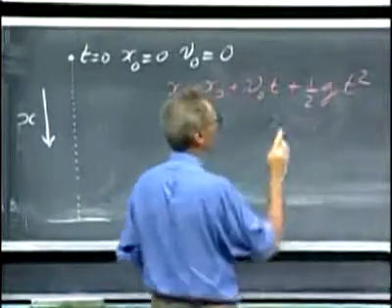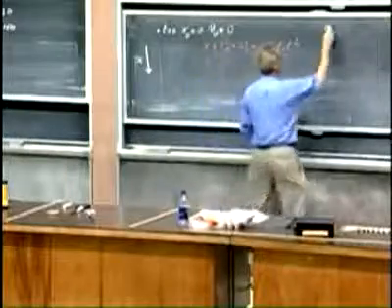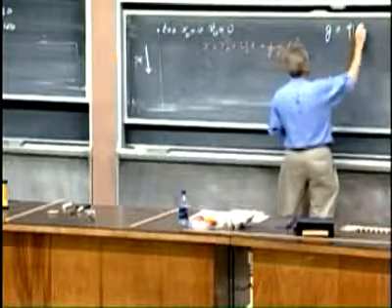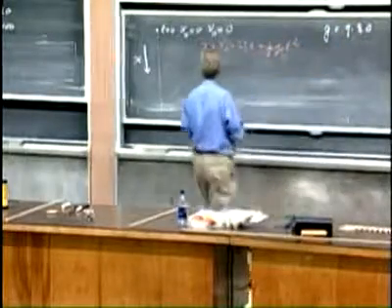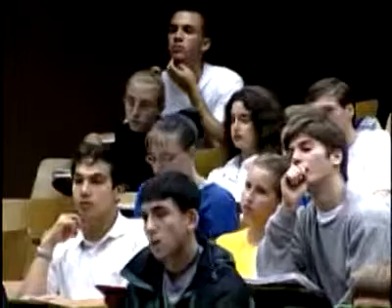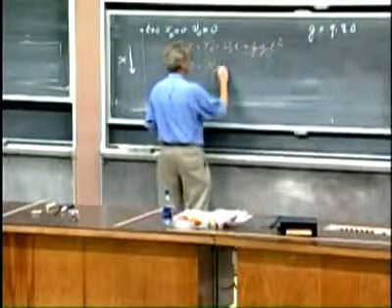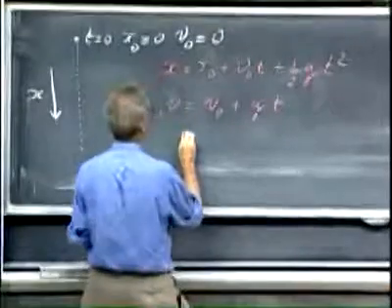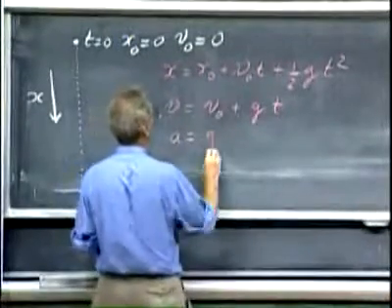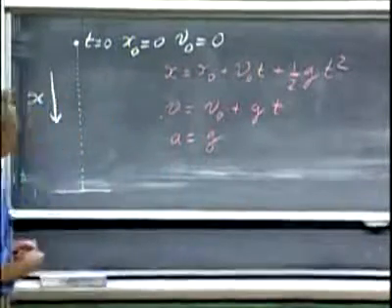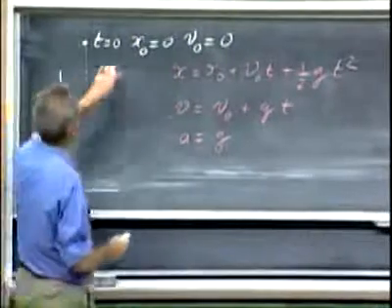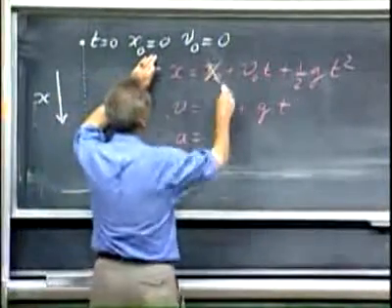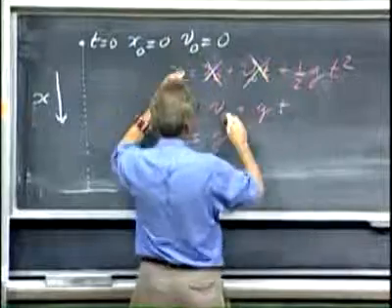And g now is 9.80 meters per second squared. The velocity at any moment in time equals v0 plus g t, and the acceleration is constant, is simply g. Now in my case, I have chosen t equals 0, x0 is 0, and I've chosen this 0, so these go.